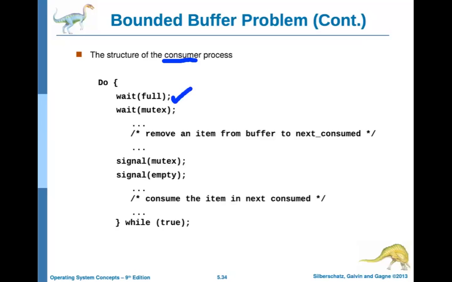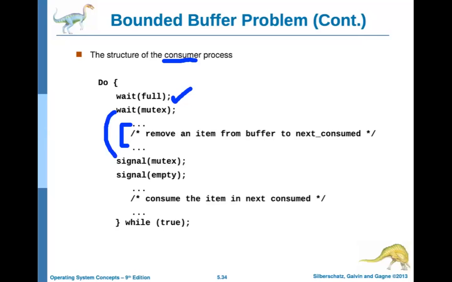If the value of full is 0, that means there is no element. And if it is greater than 0, that means there is an element. Again, because we are dealing with the buffer here, it will be safeguarded by wait and signal. So wait on full means if there is an element to be consumed, proceed, otherwise wait, right?